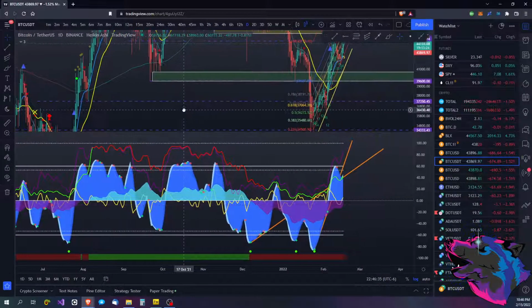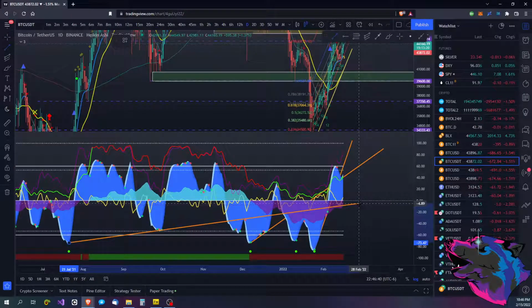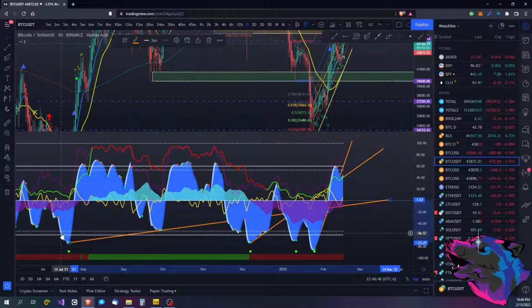Let's see, coming back in time. All right, here we go. Now we're talking. So we've got the dot off this momentum wave to this momentum wave. A little bit of confirmation right here on this little peak.